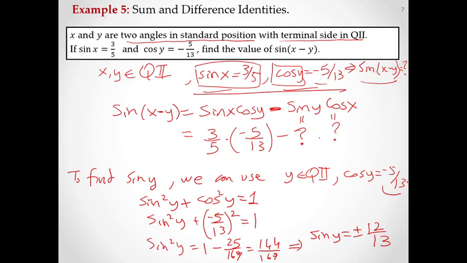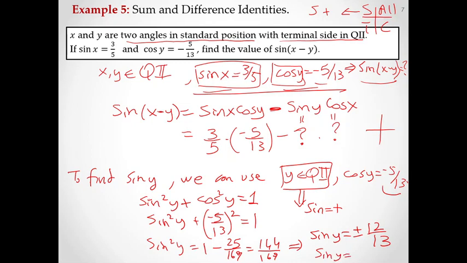But here we know y in quadrant 2, which says sine is all STC. STC means like here sine in quadrant 2 is positive. So we say sine is positive here. If sine is positive, so we only take sine y equal to plus 12 over 13.